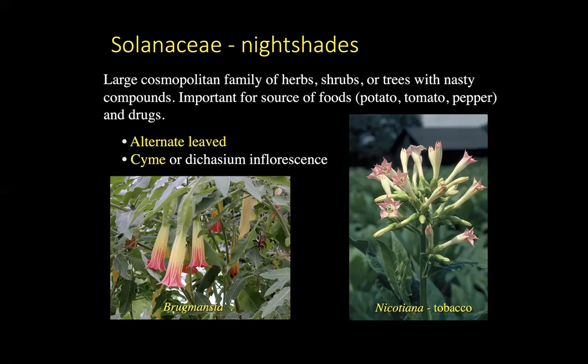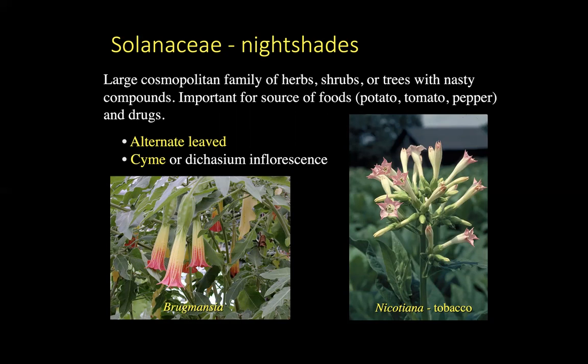Here's two very important sources of drugs, Nicotiana, tobacco. Huge role ethnobotanically in indigenous cultures, though domesticated in South America, brought up to North America pretty early on, as well as in the history of colonialization, enslavement, etc., of the United States.